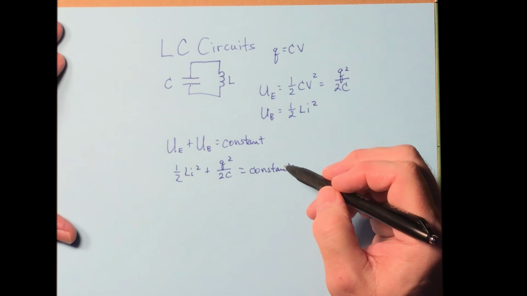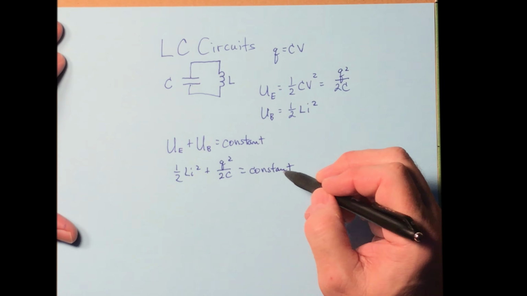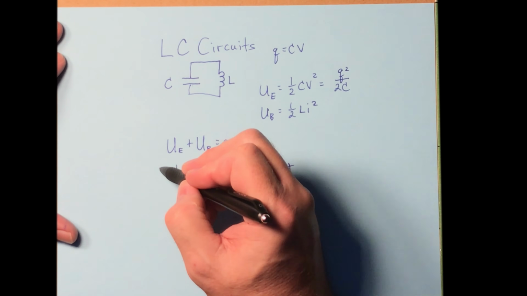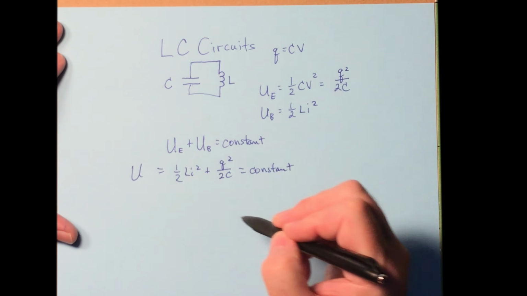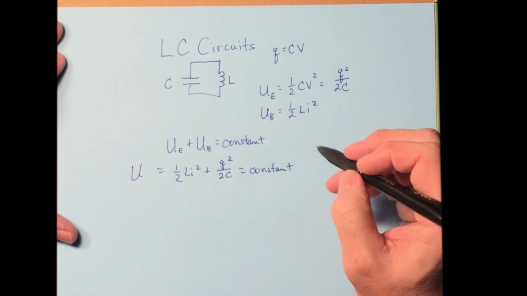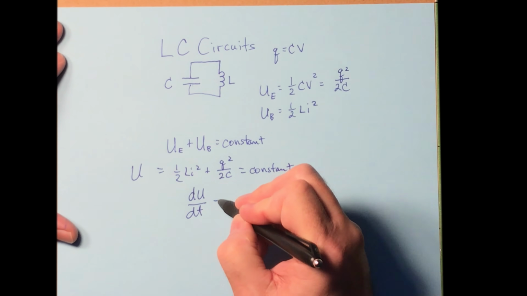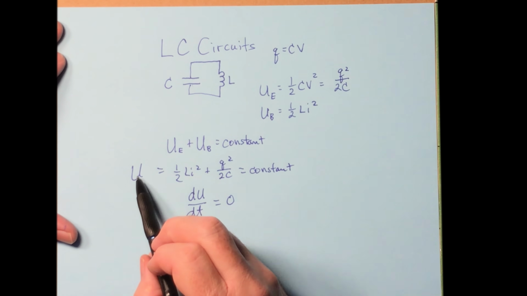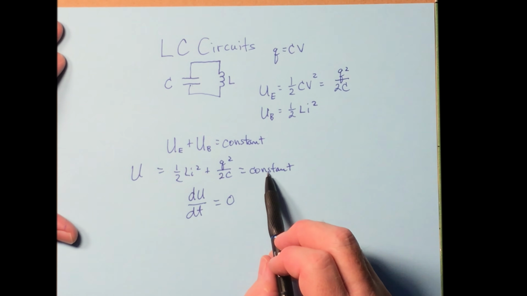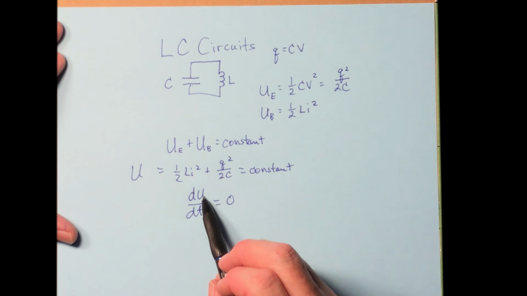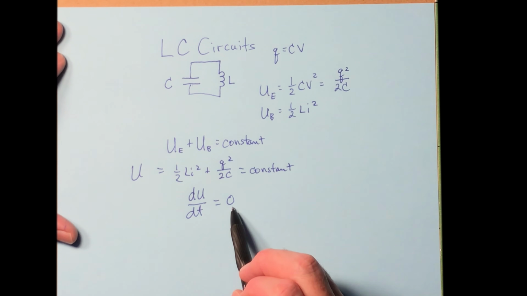Now, if this is the total energy U, another way to say that it's equal to a constant value is that dU/dt is equal to 0. Because if U, the total energy, is equal to a constant, then of course the first derivative of it is going to be 0.